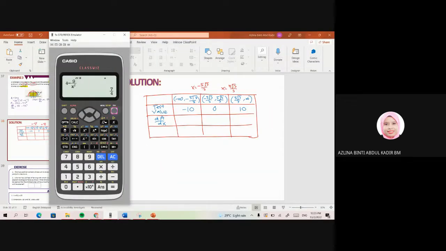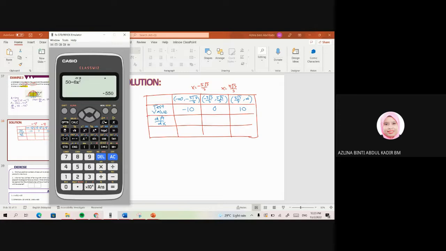First derivative 50 minus 6 alpha x squared. Okay, calculate. Press button calculate. Insert negative 10, equal. So we get negative, right?